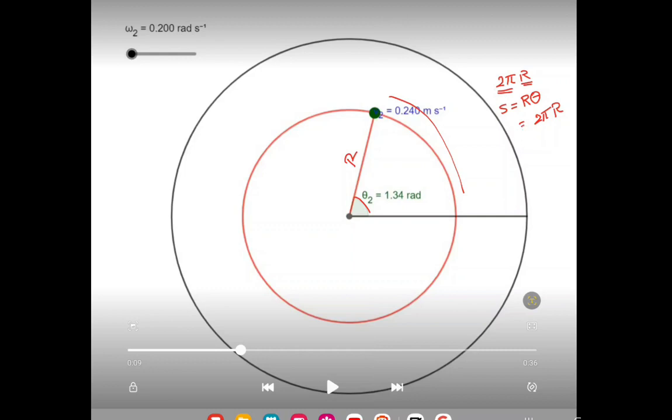Now as long as we have angular position, we should have angular velocity. This angular velocity is defined as omega. Now the direction of omega is as follows.